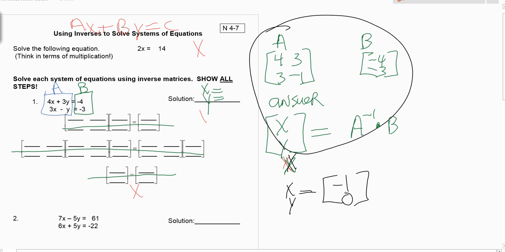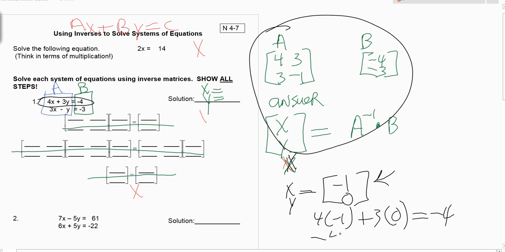Okay, let's verify our answer here. Let's take this equation, 4x plus 3y. Instead of x, you have -1, right? So we have 4 times -1 plus 3 times 0, and that equals -4. Is that true?